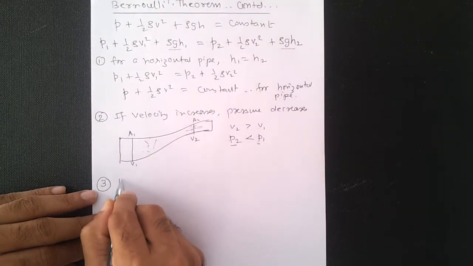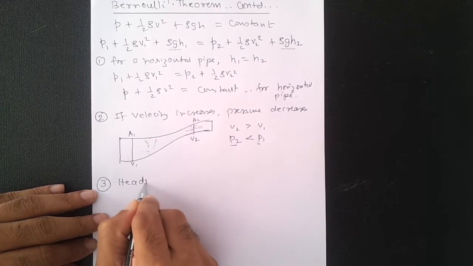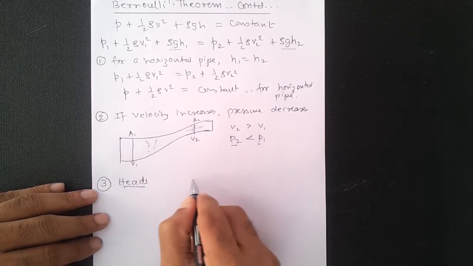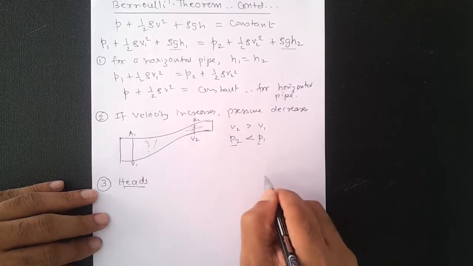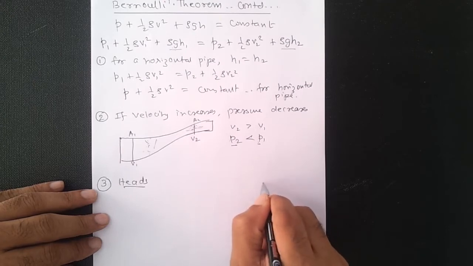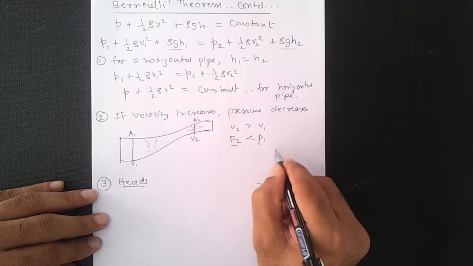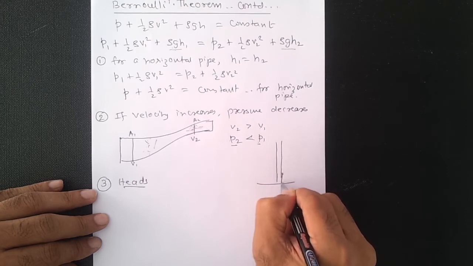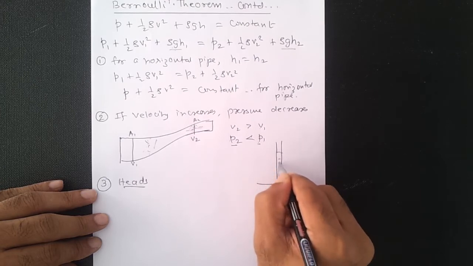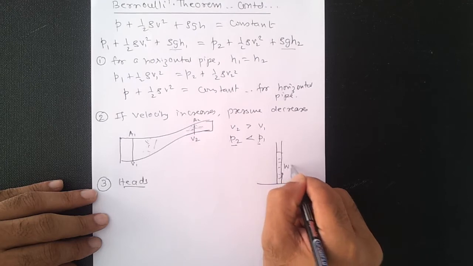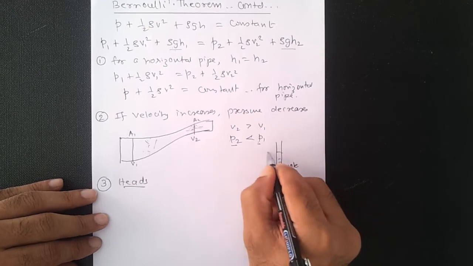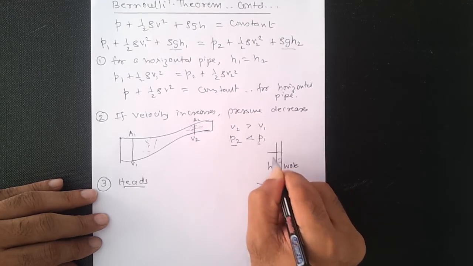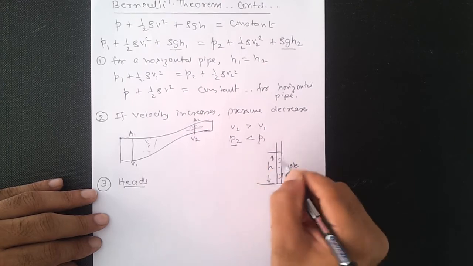In physics, head means height above a certain level. Supposing this is the ground level, and there's a pipeline over here filled with water, and this height is, let us say, h. Then this column of water above the earth level is known as head. So, head of h meters.